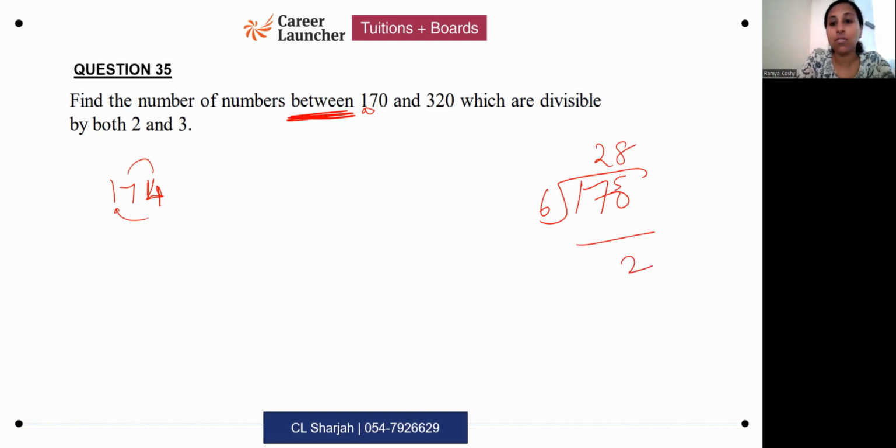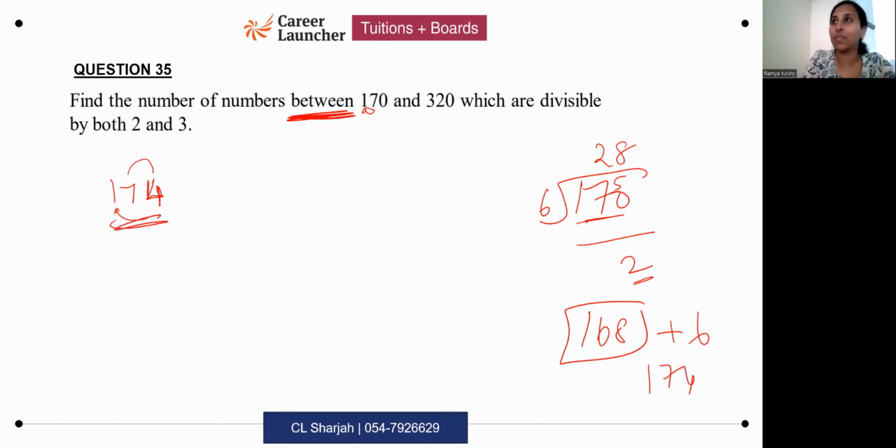Correct? So that means 170 minus 2 is in the 6 table. What do you mean by remainder 2? It means you subtract 2, that is in the 6 table. So you get 168 is there in the 6 table. Correct? How do you find the next number which is there in the 6 table? Add 6. You get 174.